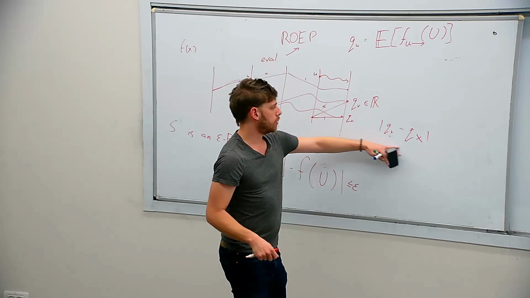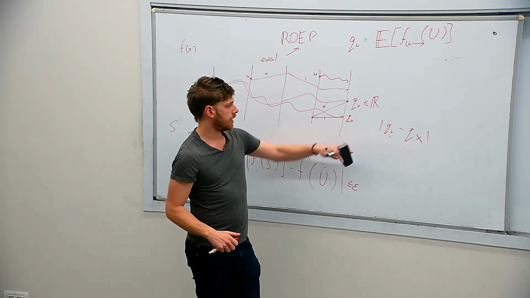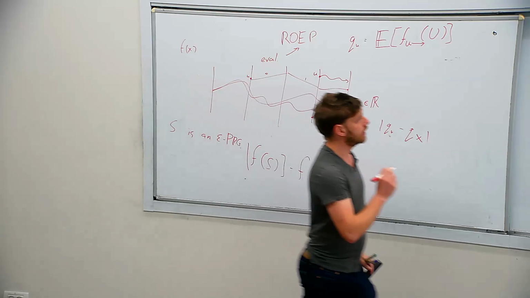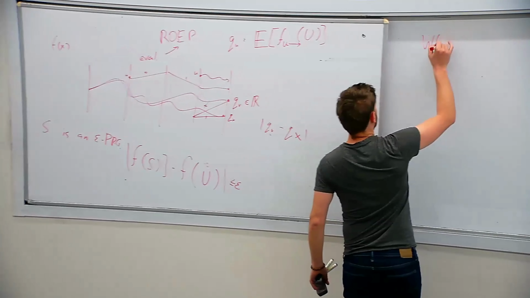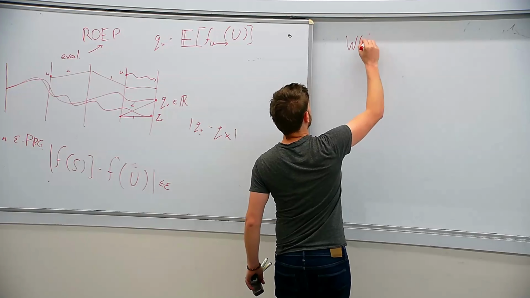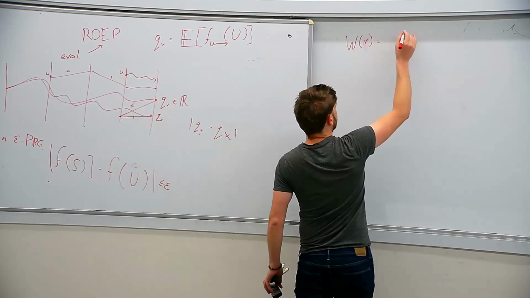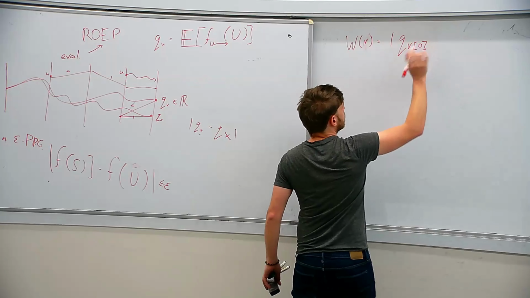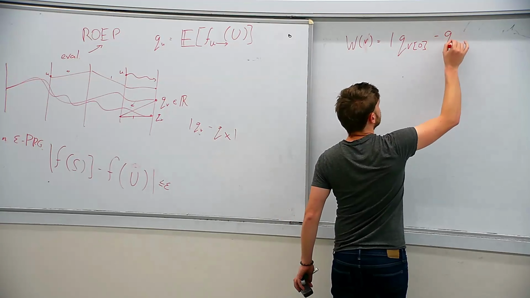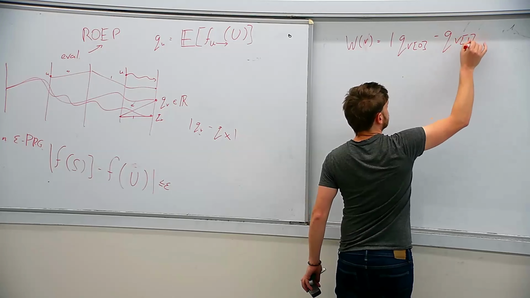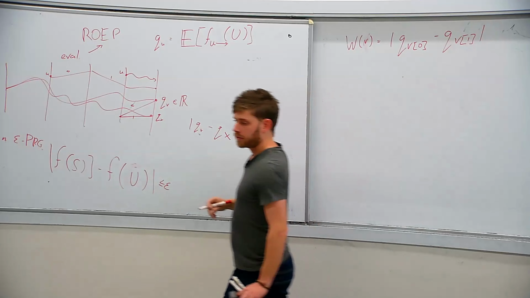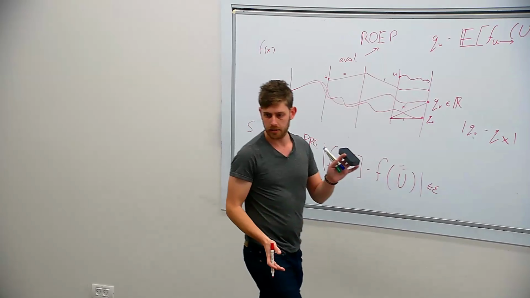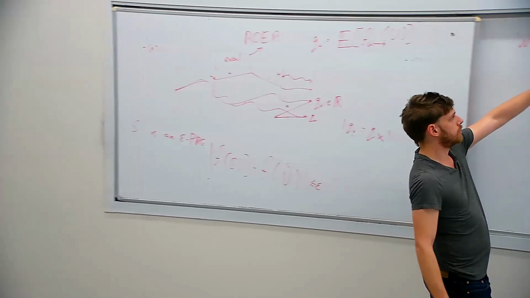This quantity is sometimes called the importance of a vertex, or the weight of a vertex v: it is Q_v0 minus Q_v1. It means how important this step is, because it is the difference between choosing 0 and 1.